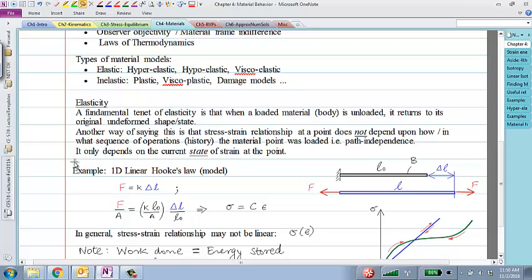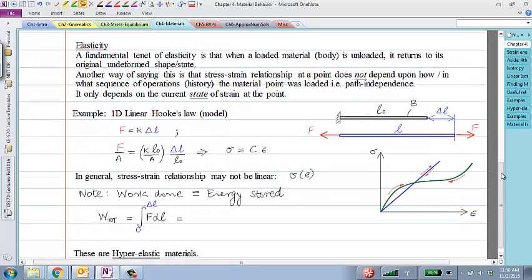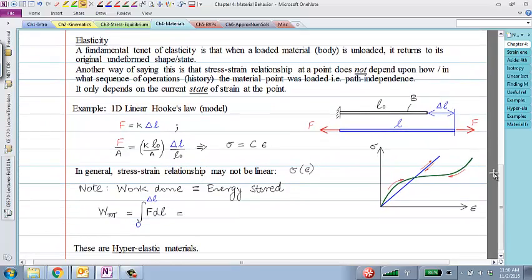So these are certain consequences of this. And your favorite model probably is Hooke's law, which actually I don't like the term law. It's a model that relates uniaxial stress to uniaxial strain, and that's a very restricted type of model.